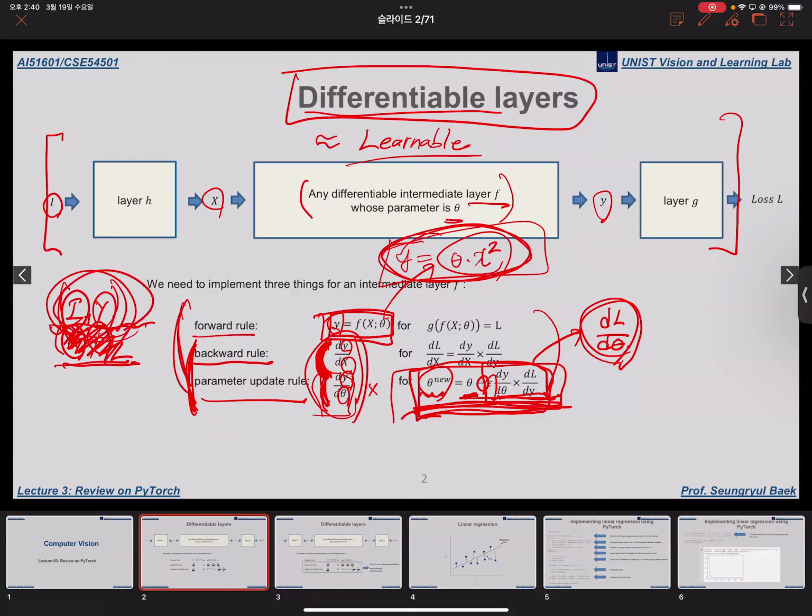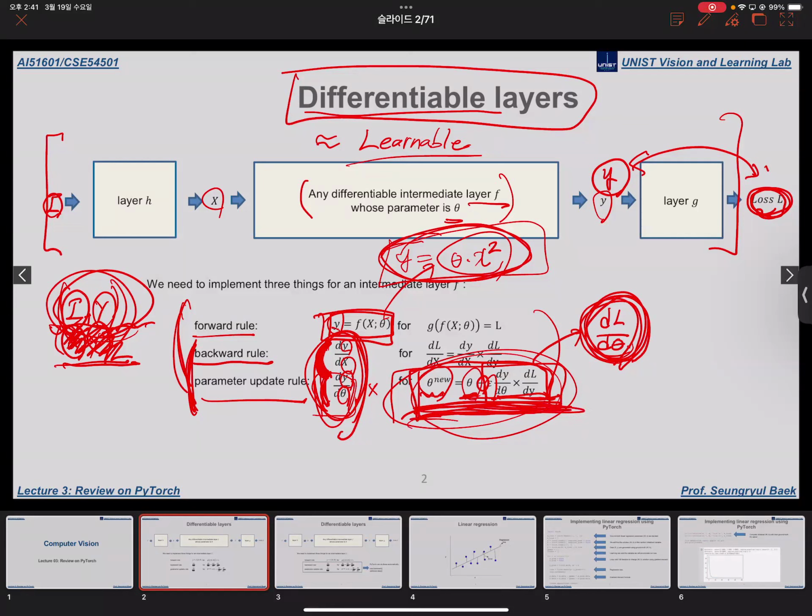For each training sample, we input it, calculate the prediction from the deep architecture, compare it with the ground truth and calculate the loss L. Then we calculate these two gradients for every layer in the middle, calculate dL/dtheta for every parameter, and update the parameters once.